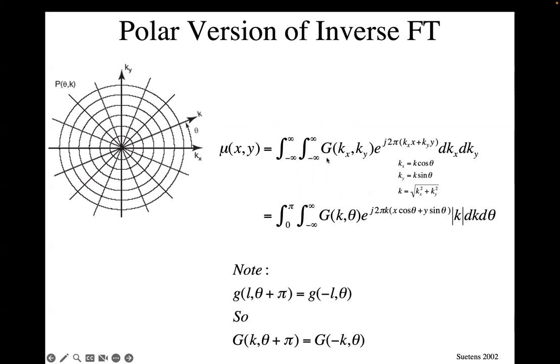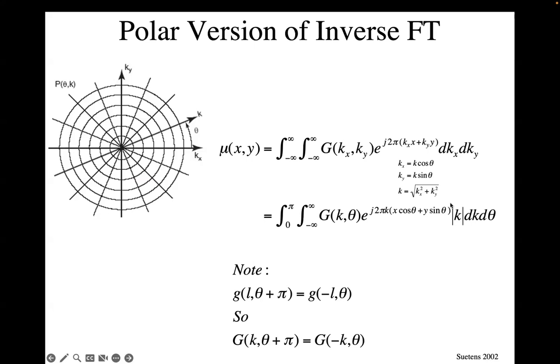And so if I have my image here, and this is my Fourier transform of the image. If I want to do an inverse Fourier transform of this to get my image back, because I have these radial samples, I need to do it in polar coordinates.